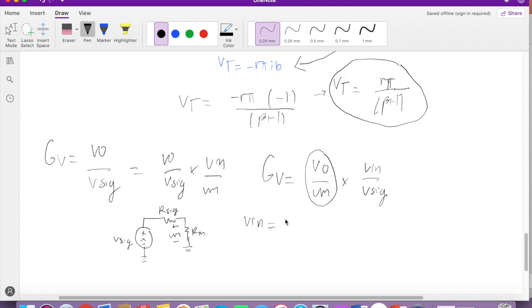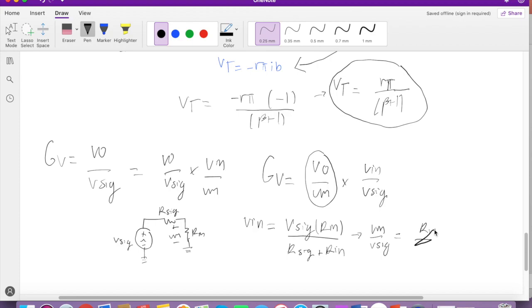V in equals V sig R in over R sig plus R in. So V in over V sig, if we divide both sides by V sig, we get R in over R sig plus R in.